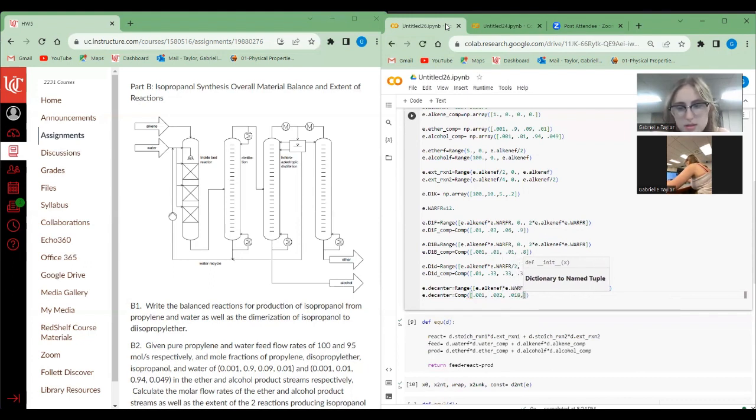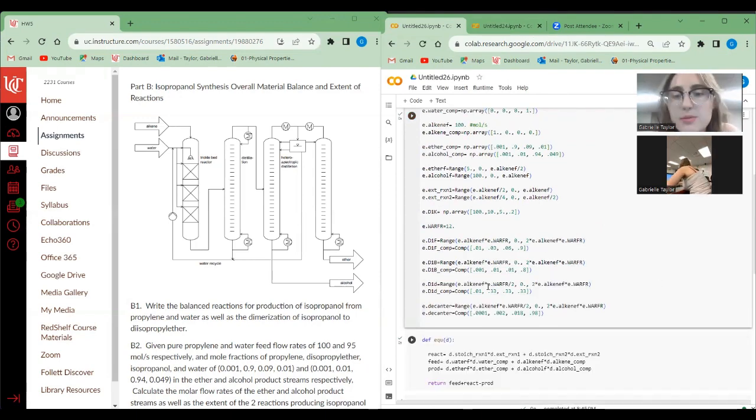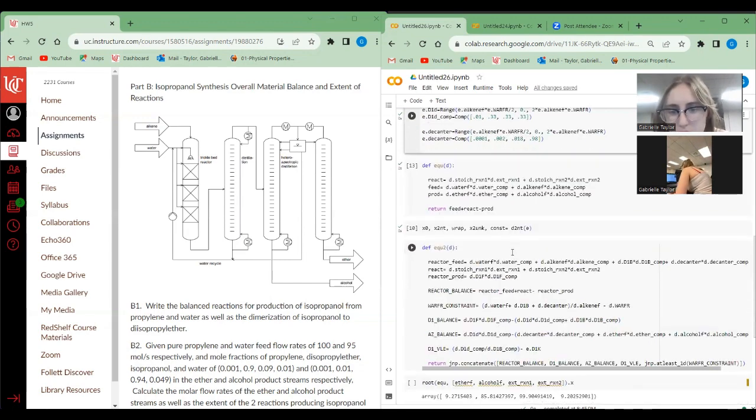Our water is going to take up the majority of this, because this is our last recycled water, so it should be the cleanest out of all the water recycled. This here should not be divided by 2, so we change that there. And now let's do a shift enter.